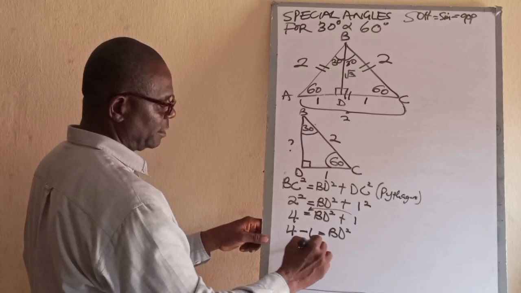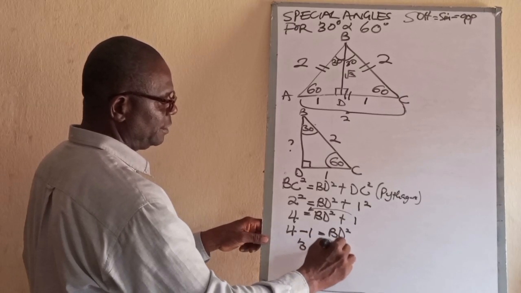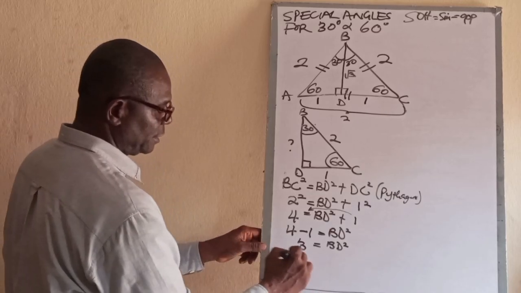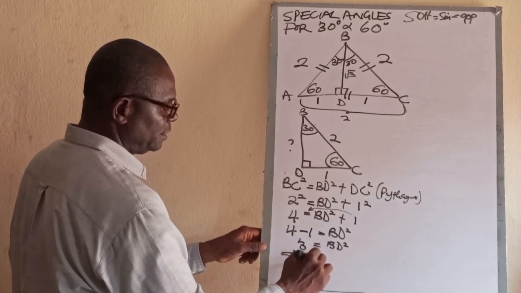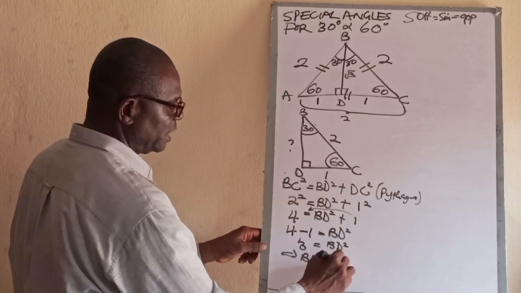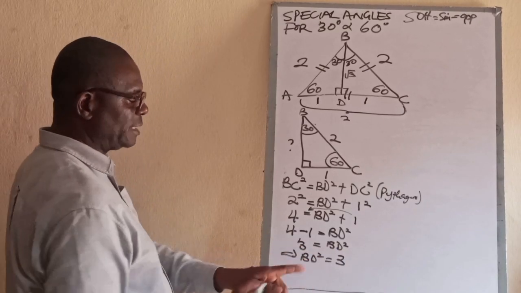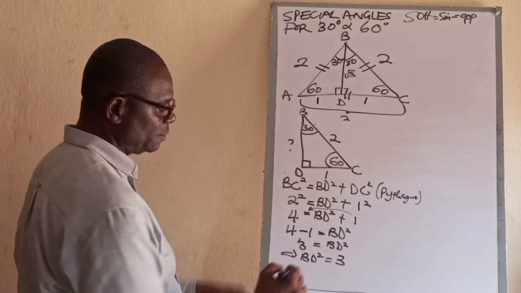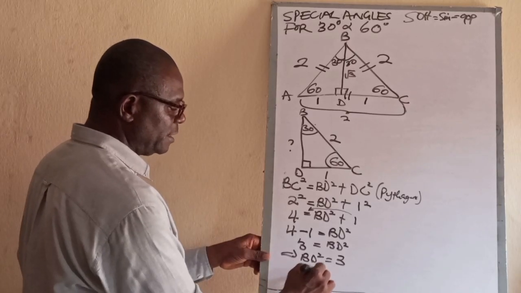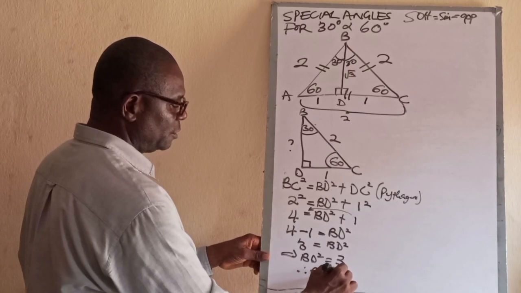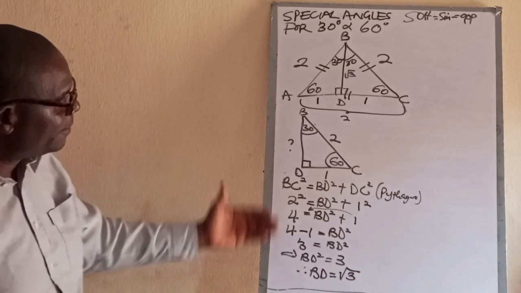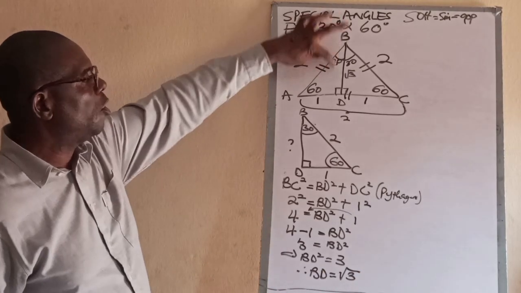So 3 is equal to BD squared, which implies that BD squared is equal to 3. Anytime it crosses the sign of equality, it assumes the square root sign. Therefore, BD is root 3. Very simple.